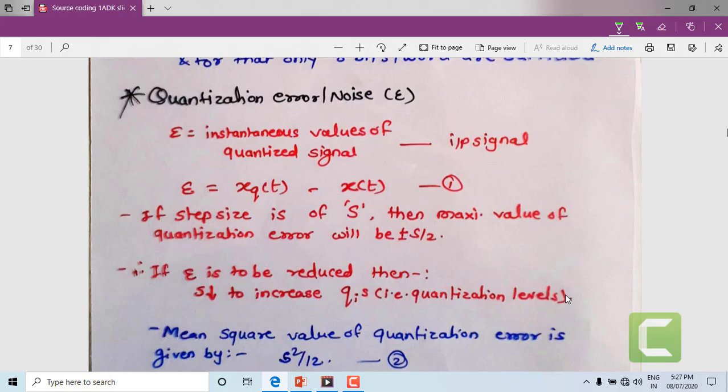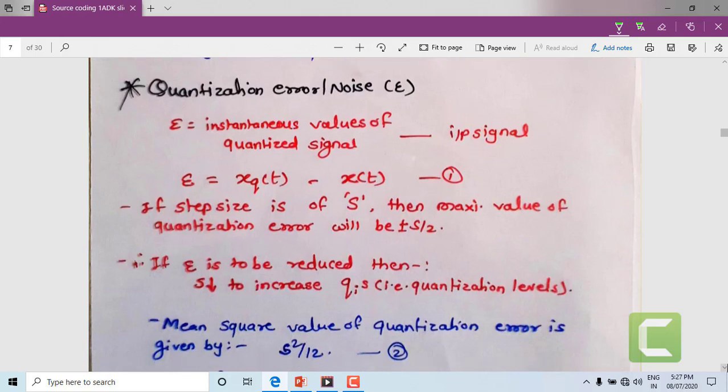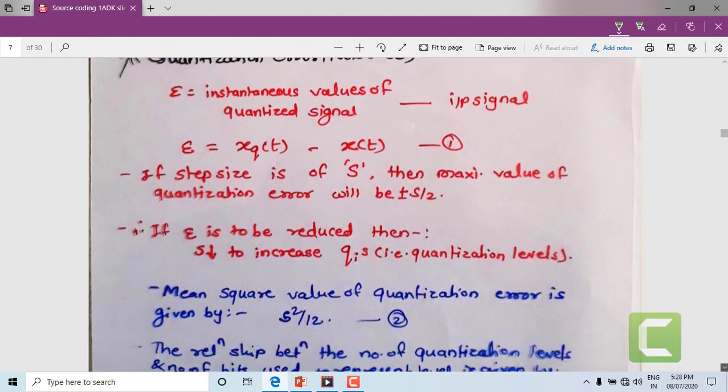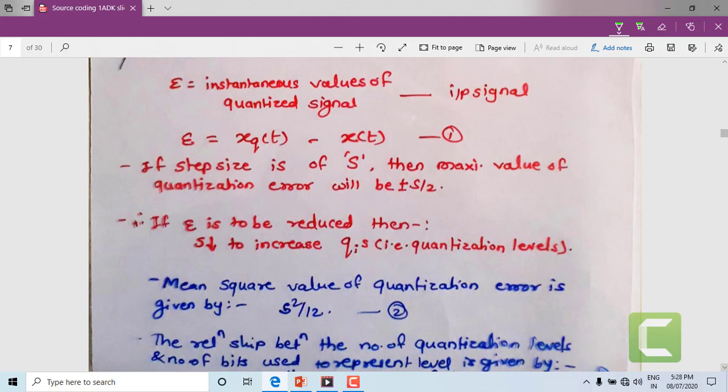Now we will move towards the derivation of the equation of SNR for the PCM system, and for that we start from the quantization error mean square value. As the step size is S, and we have said that quantization error varies from minus S by 2 to plus S by 2, its mean square value is going to be S squared divided by 12.